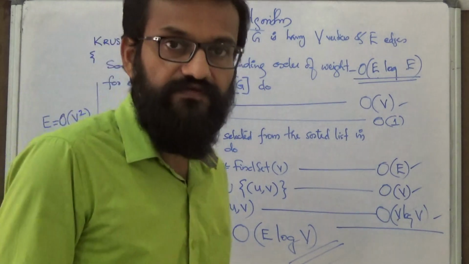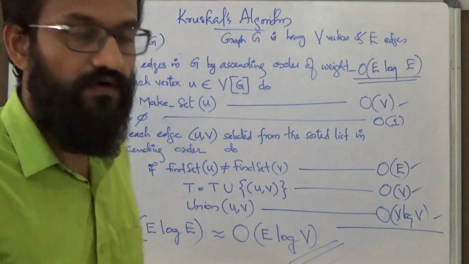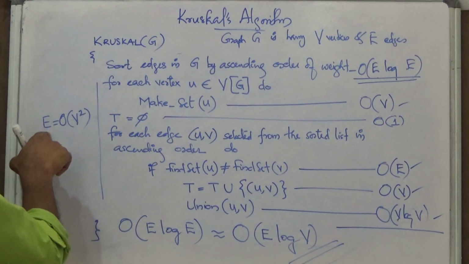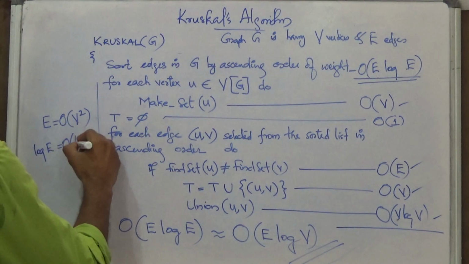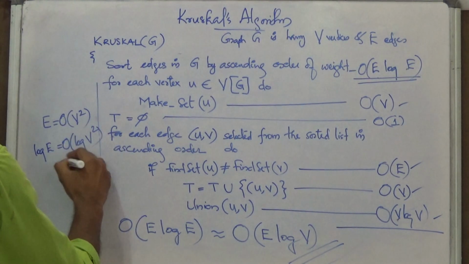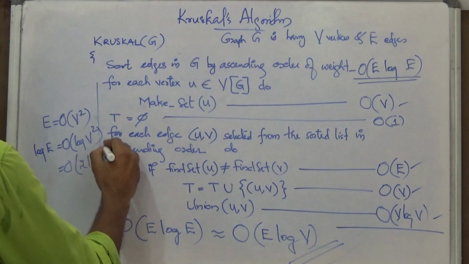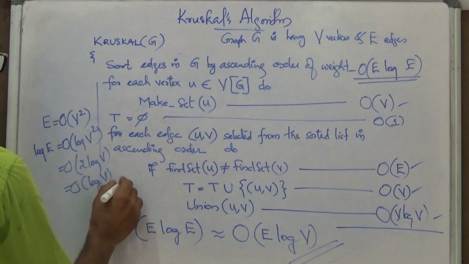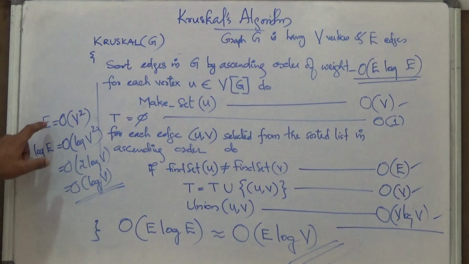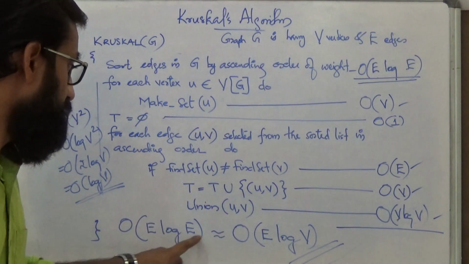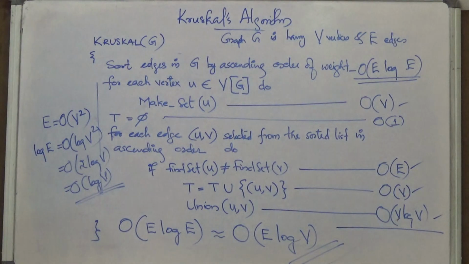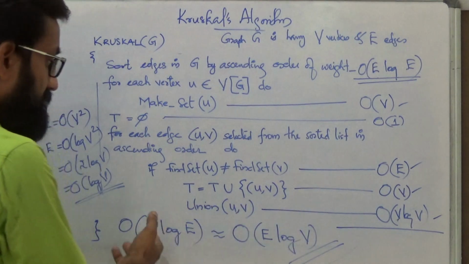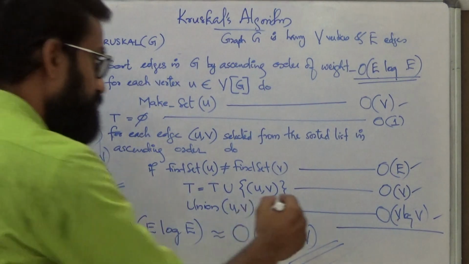Now what is log E? Log E is equal to order of log V square, which is equal to order of 2 log V, which is equal to order of log V. So log E is equal to log V. For that reason, you can represent runtime as order of E log V rather than E log E. That's it.